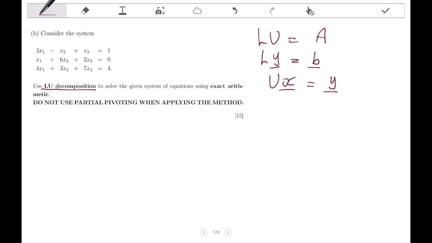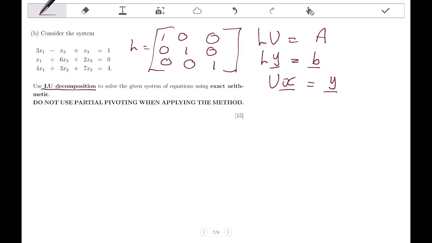So let's start by calculating our upper matrix. So our lower matrix, let's set it to this. Since we have 3 equations, that means we are going to have 1, 0, 0, 0, 1, 0, 0, 0, 1. So that's our lower matrix. Then the upper matrix, we reduce the matrix to the upper matrix using the row operations.